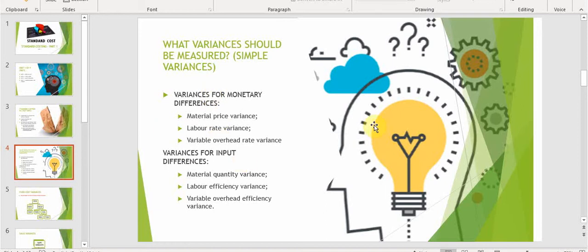The monetary ones are the material price variance, the labor rate variance, and the variable overhead rate variance. And then due to input differences, we measure a material quantity variance, a labor efficiency variance, and a variable overhead efficiency variance.